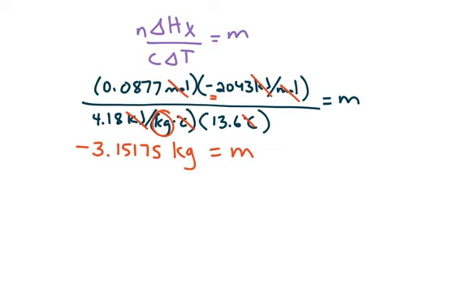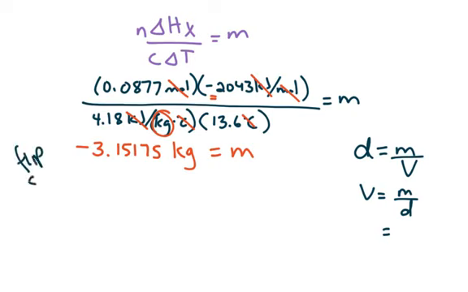Now, I was asked to solve for volume, but because the density of water is just 1, and I know that there's a relationship, if I solve for V, it's mass over density. Our mass is going to be flipping the sign. Let's write that down: we want to flip the sign as our last step, as always, so we're going to have a positive 3.